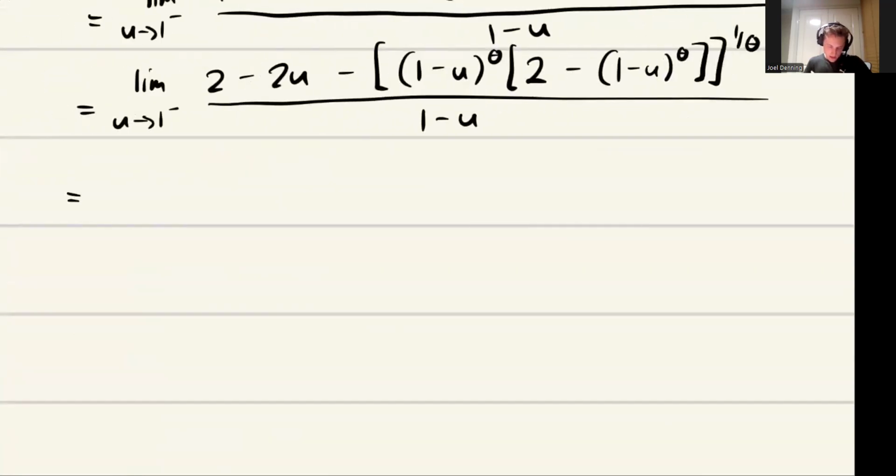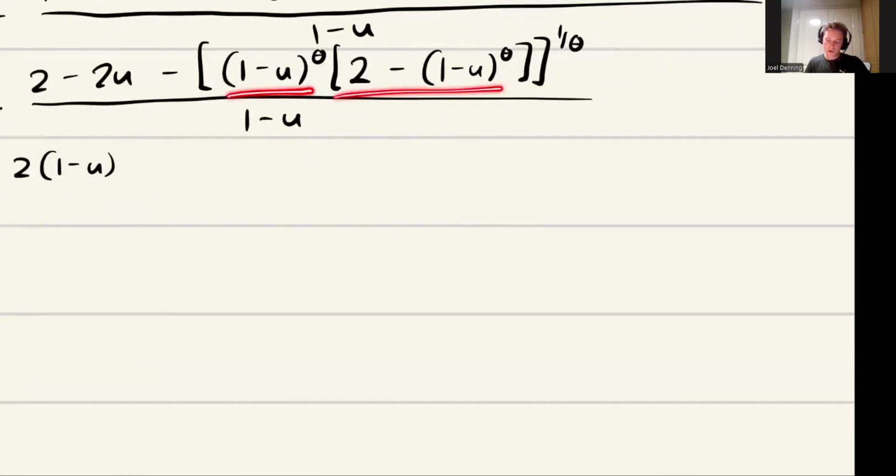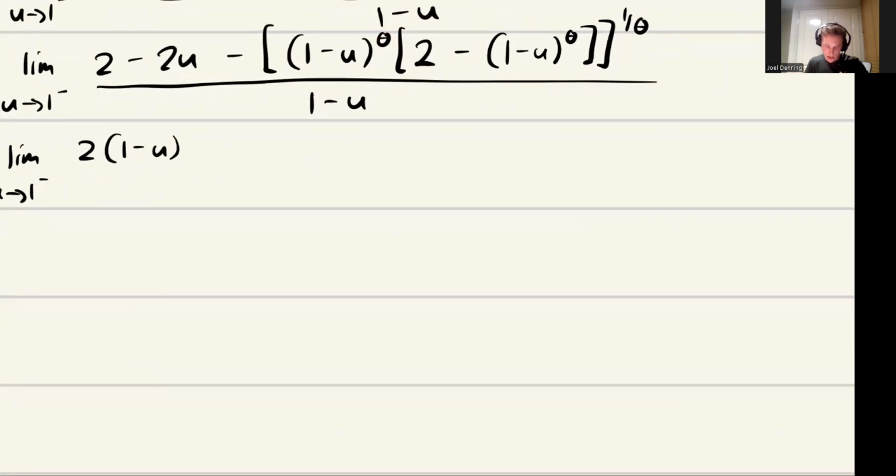All right. Next, we're going to pull a 2 at the front of this first little bit. So we'll get 1 minus u. And then you can see here, since we've got the product of 2 things all to this power, we can separate those into separate powers. So it'll be 1 minus u to the theta to the 1 over theta, which would just be 1 minus u, right? Those thetas will cancel. And then we've got the rest.